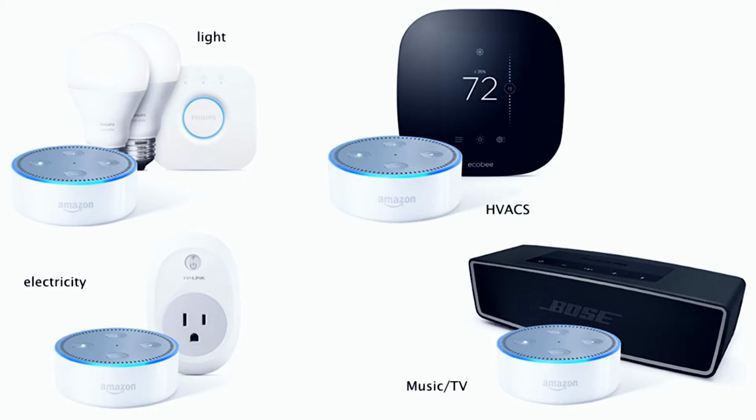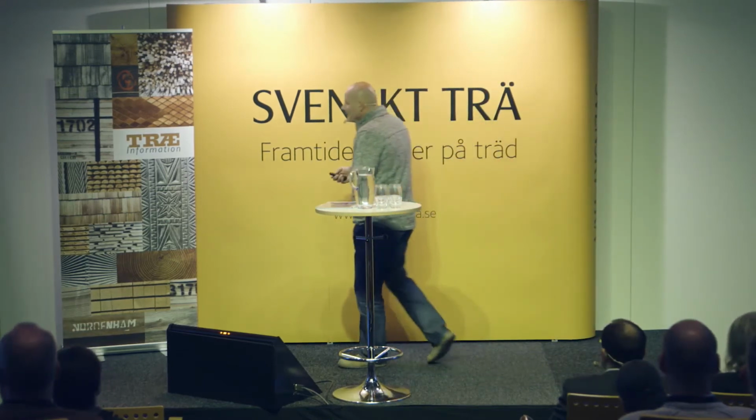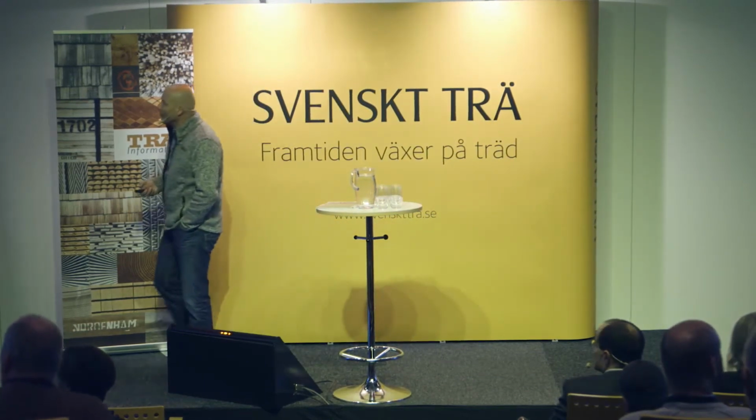You can talk with this little thing, let's say little Amazon. It is called Echo, Amazon Echo. It's called Alexa. So you can talk with Alexa, and you can get everything from this Alexa, and you don't have any wires in your walls.